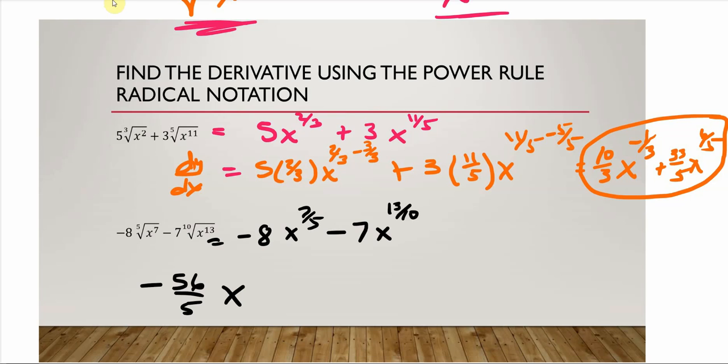And now what I do is I teach my students that it's always going to be the denominator. So I'm always going to go 7 minus 5. 7 minus 5 is 2/5 here. Oops, let me change this back to black. 2/5. And then here I'm going to multiply 13 times 7. That's going to give me 91/10. And here I'm going to go 13 minus 10. That's 3/10. And that is my answer.